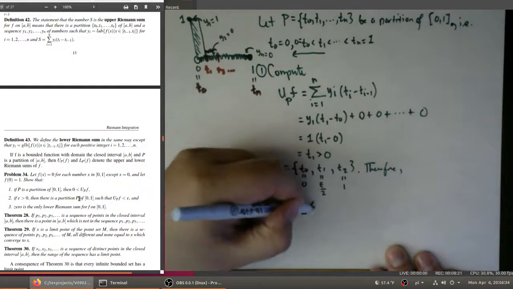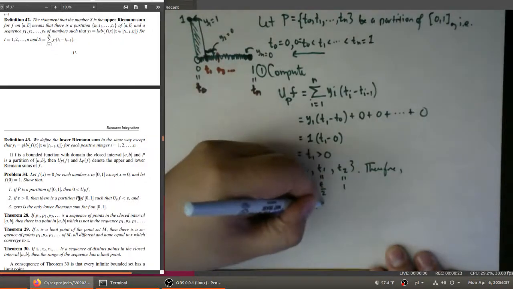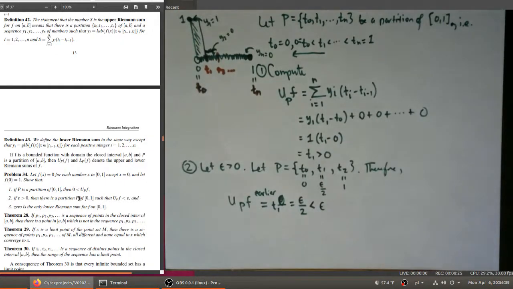Now, if I divide something in half that's positive, I certainly get something smaller. And that does it, right? So I can make upper Riemann sums arbitrarily small by picking certain partitions.